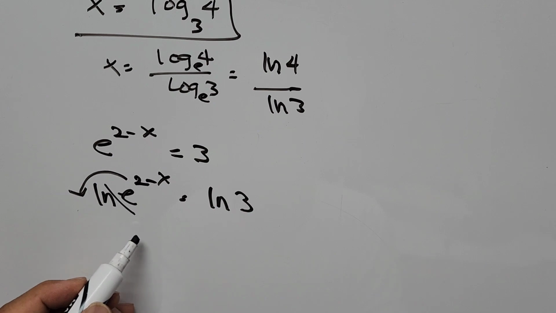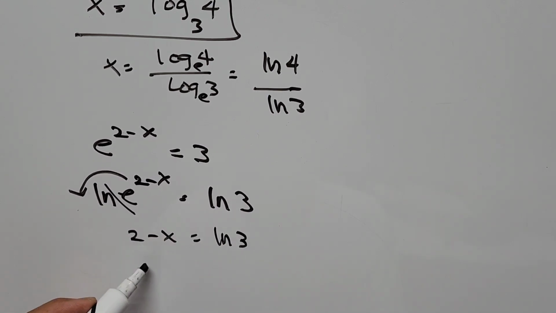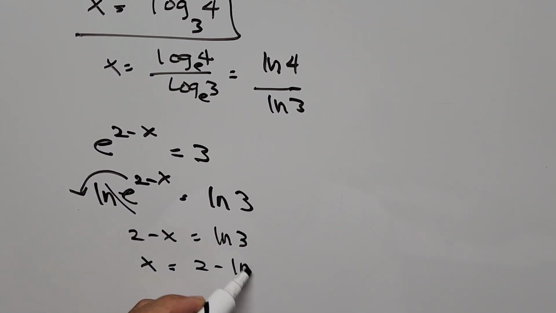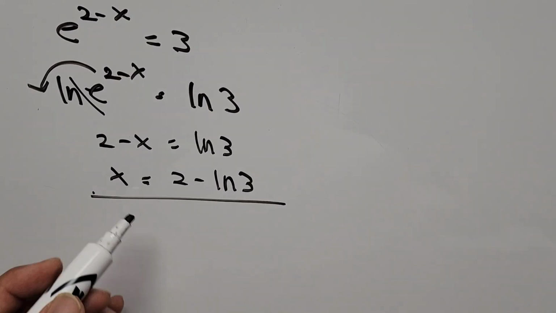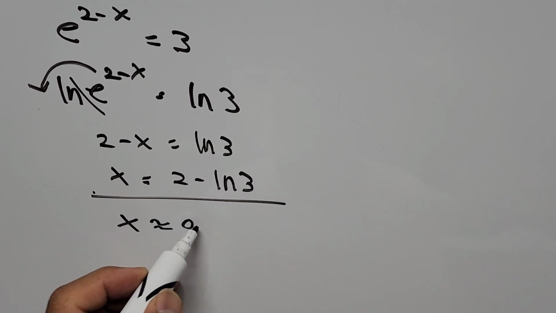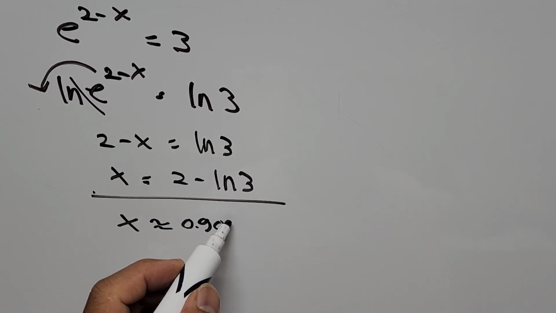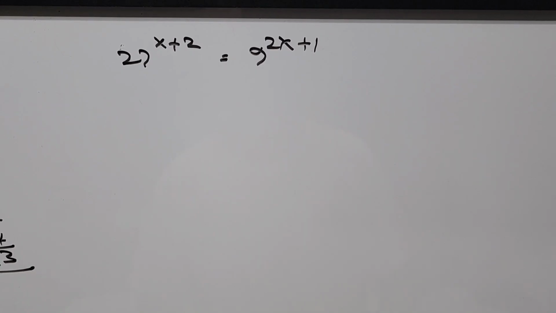So we have 2 minus x equals ln of 3, so x is equal to 2 minus ln of 3. By using your calculator, this is approximately equal to 0.901387.